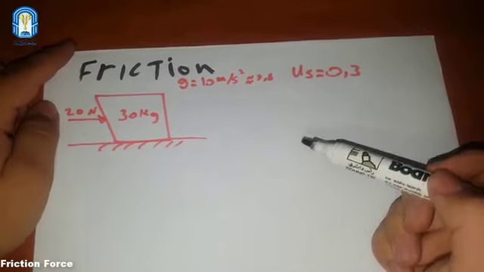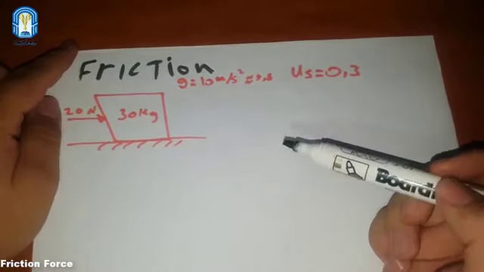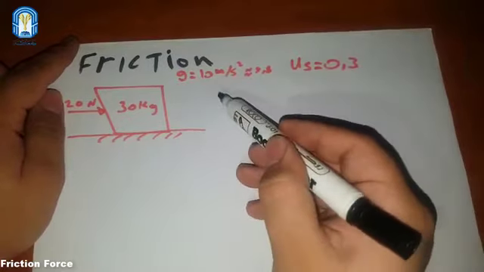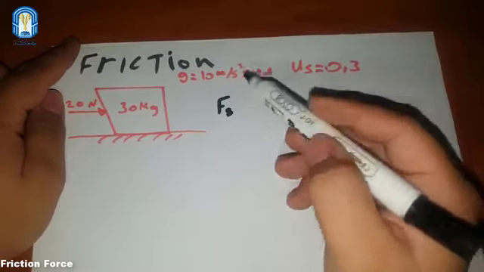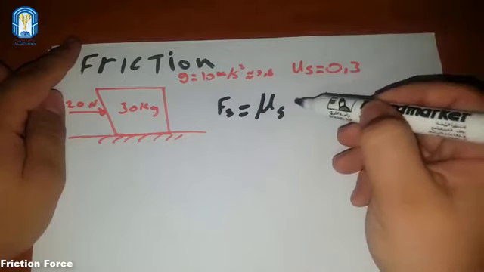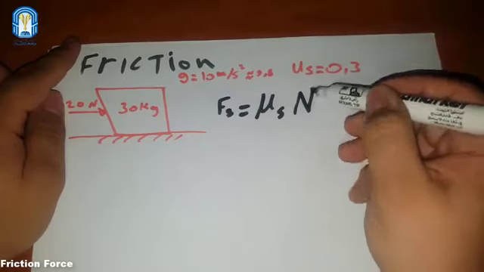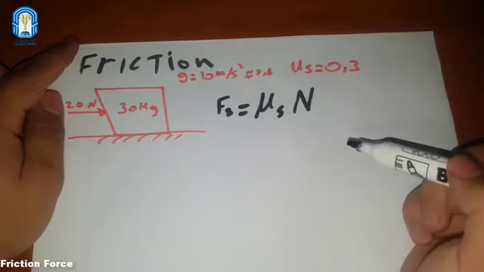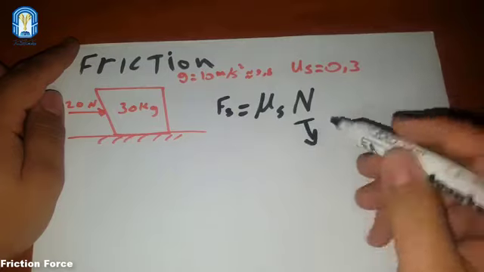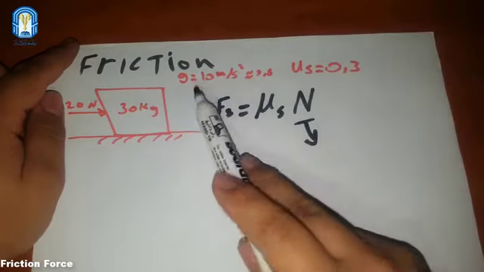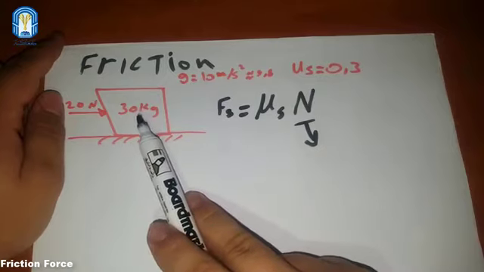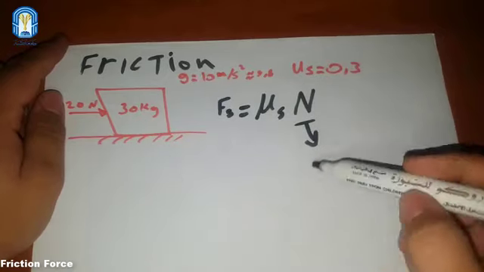So we're going to use the friction law. Fs equals mu s multiplied by N. This N is the gravitation of Earth multiplied by mass.